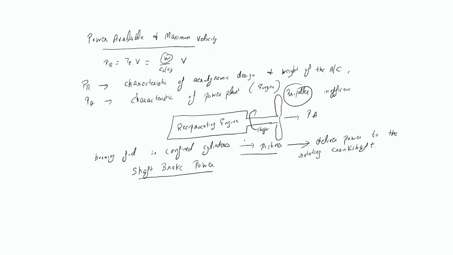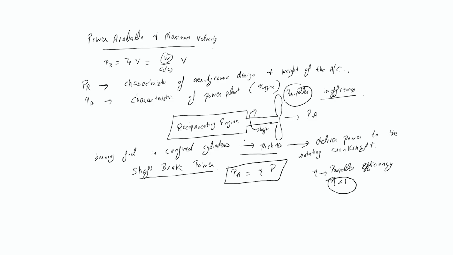So that's why power available is given as eta into P. Here eta is nothing but the propeller efficiency, and this will always be less than or equal to 1. So power available equals eta into P, where P is the shaft brake power.